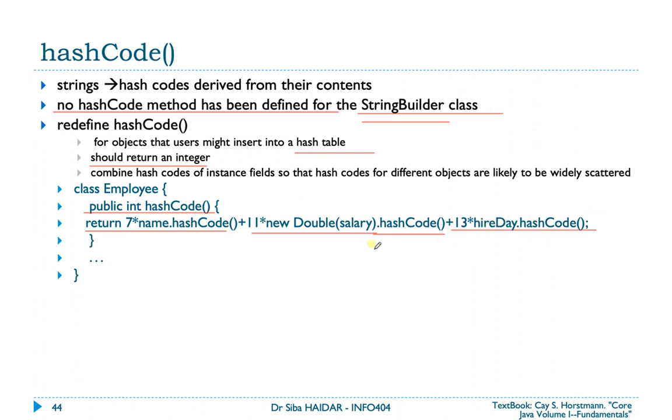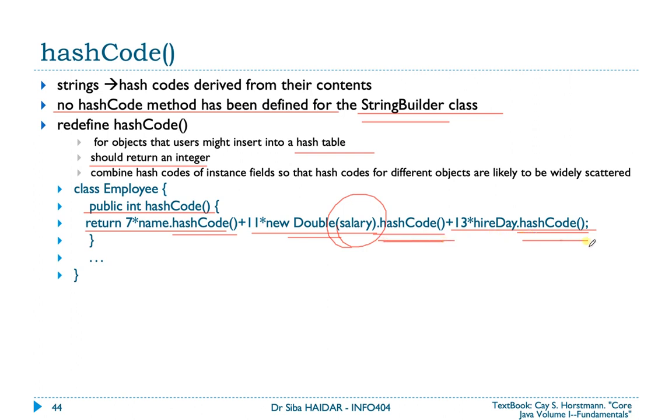And remember with me here, there are hashCode methods for all the fields, even if it is a primitive field. There is the wrapper class Double, which wraps the primitive field of type double salary, and it has its own hashCode.